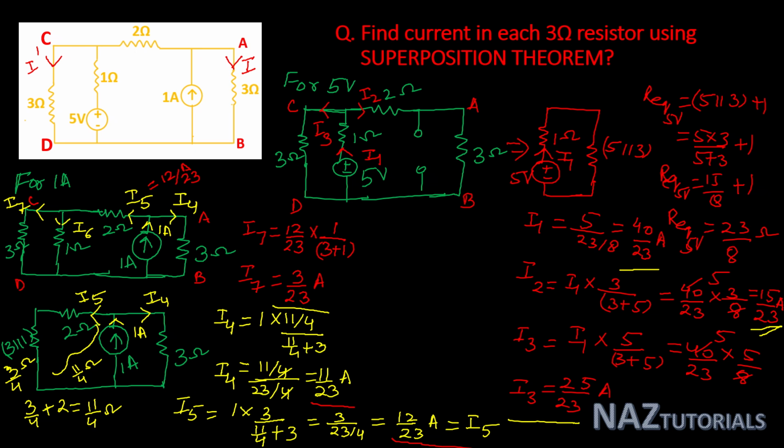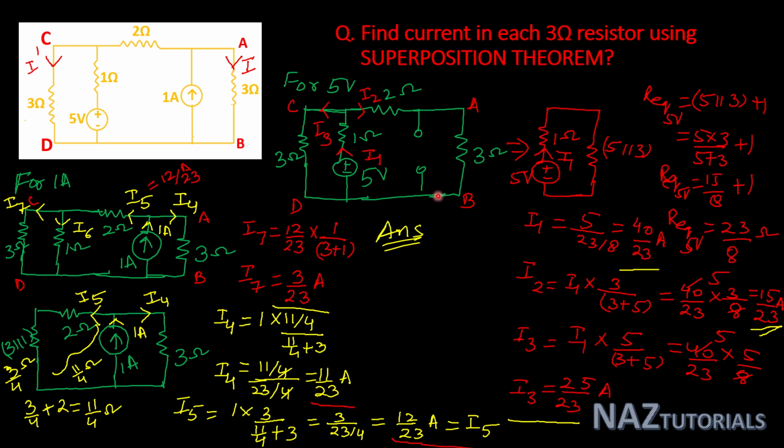Now for the answer we will take the algebraic sum. So first we calculate I. So here you can see the circuit for the calculation of I. I is flowing from A to B. So for 5 volt this current is I2, and for 1 ampere this current is I4.